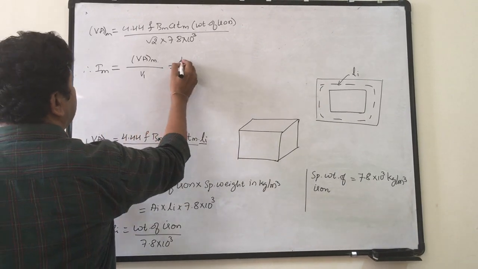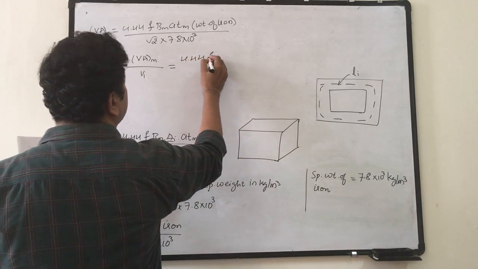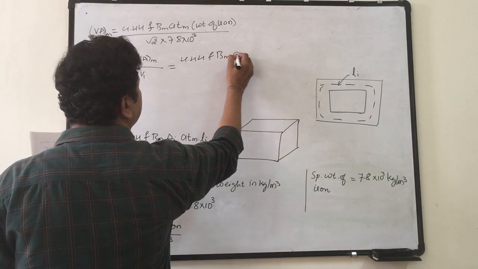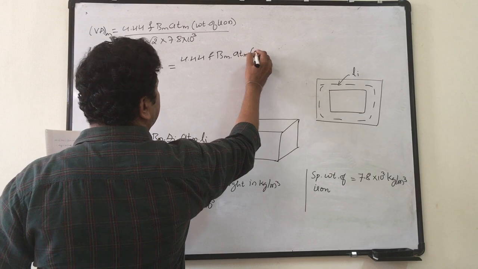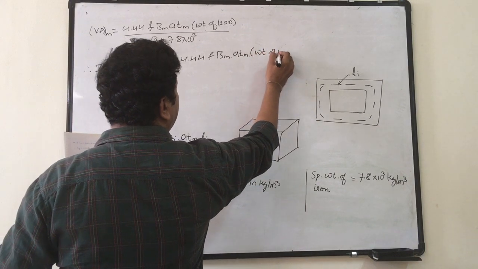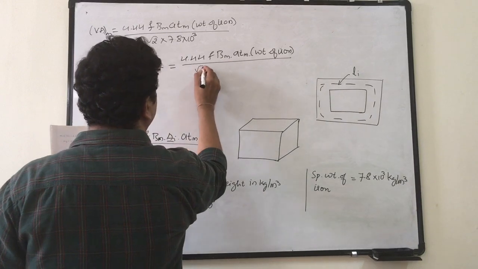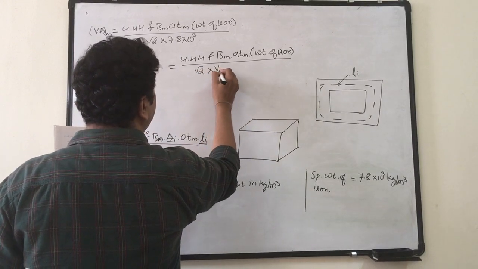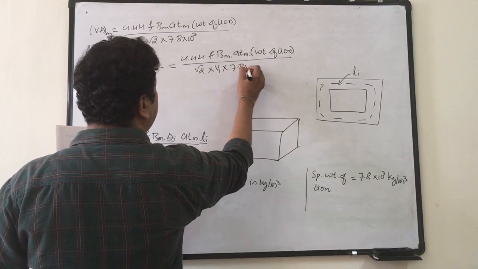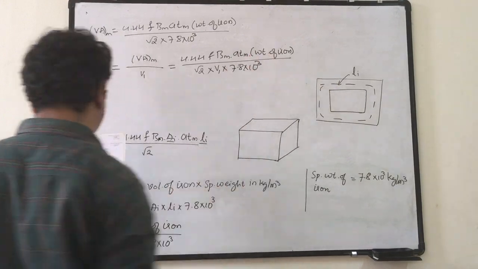So this will be given as 4.44 F Bm ATm weight of iron divided by root 2 into V1 into 7.8 into 10 to the power 3.